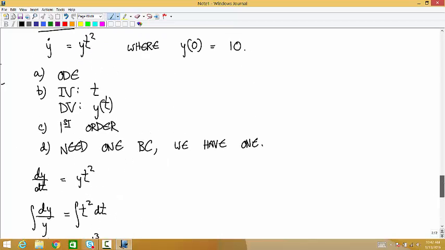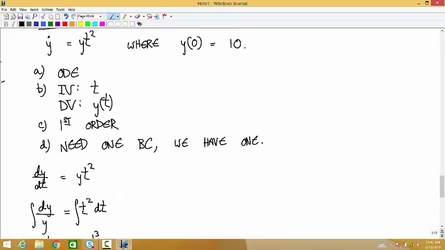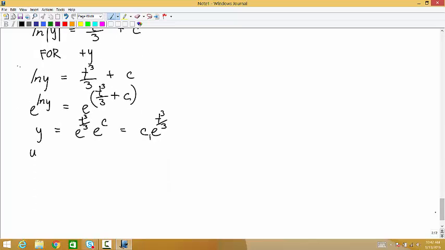So what we're given is that when t is equal to 0, y is equal to 10. So we're going to use the boundary condition to find c1. So at t equals 0, y is equal to 10.